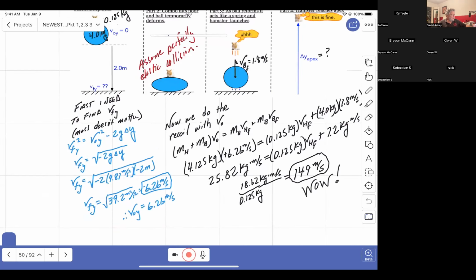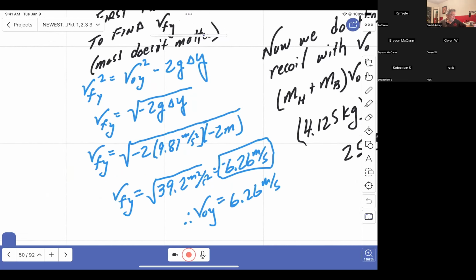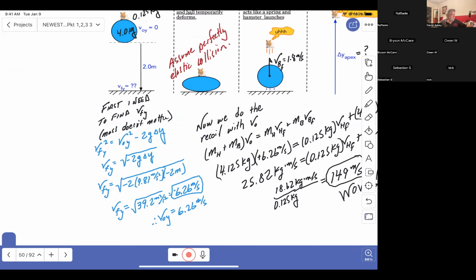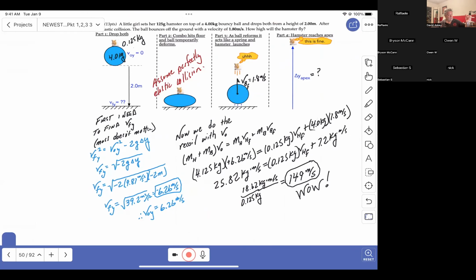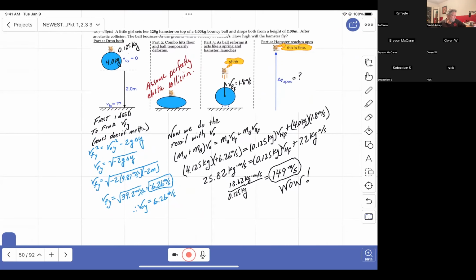But first thing I wanted to do was find out how fast that hamster ball hit the ground. And so the mass doesn't matter. Remember this? We drop a basketball, we drop a tennis ball, it doesn't matter, drop a grand piano. As long as air drag's not involved, they're going to hit the ground with the same V final. So the mass doesn't matter in blue kinematics, free fall.